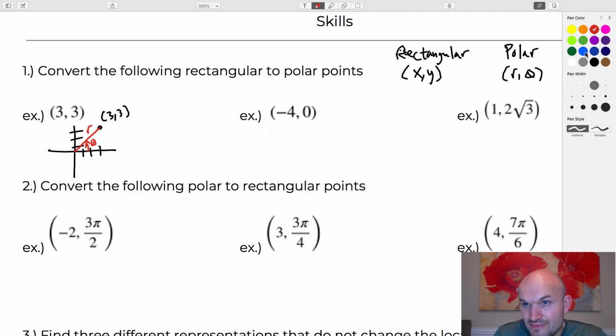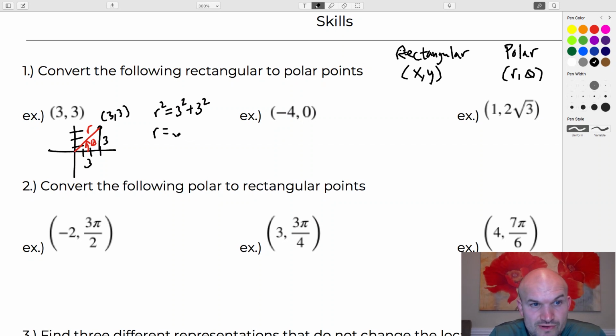Based on this, we know the height and the distance away: that's 3 and that's 3. To find r, we can use the Pythagorean theorem. r squared equals 3 squared plus 3 squared. So 3 squared plus 3 squared is 9 plus 9, which is 18.